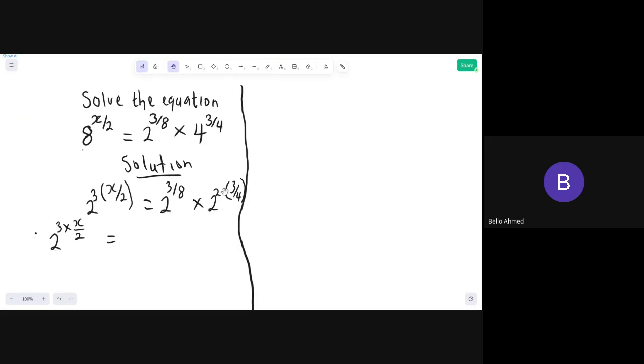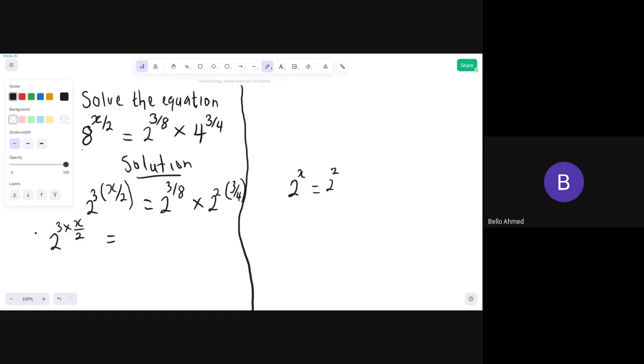But please, before we can say the next step ought to be that we should equate the powers, before you equate the powers, please make sure you have just a single base on either side. Some people might not know what I mean by single base. I'm just saying that let's say you have 2 raised to the power of x is equal to 2 raised to the power of 2.